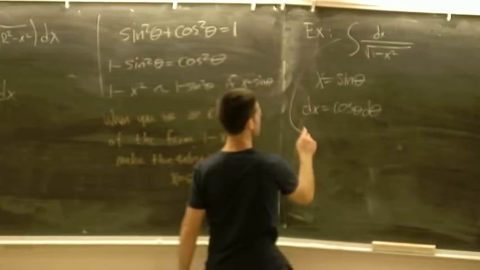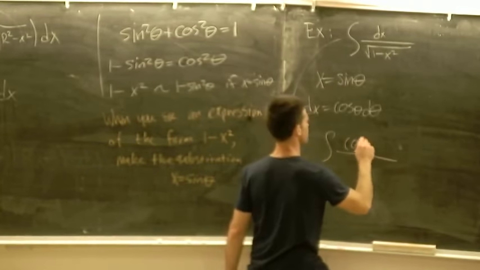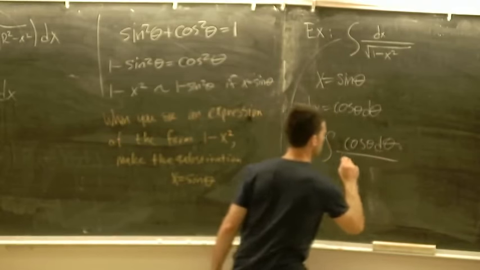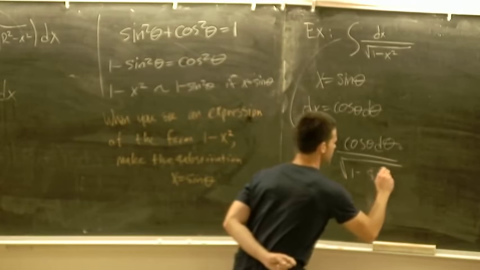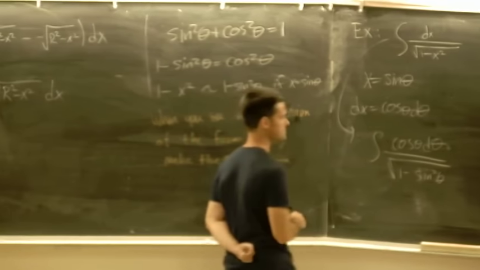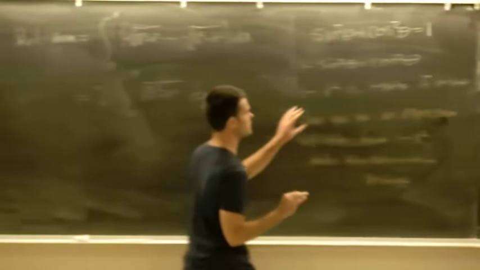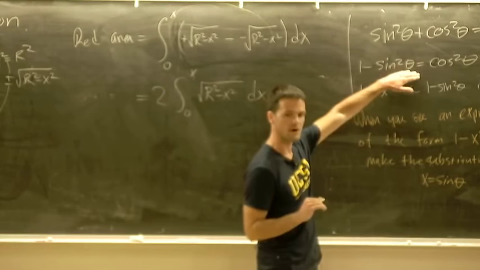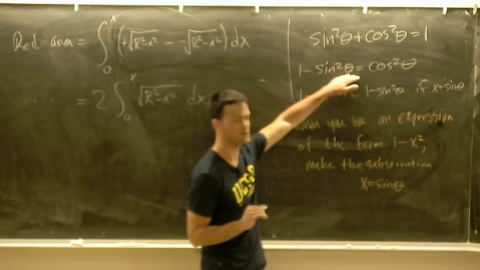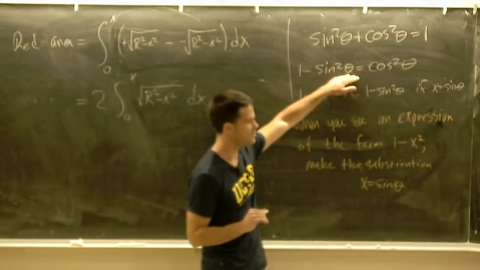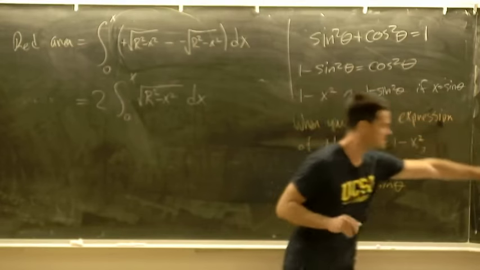And this thing becomes, okay, so on the top we get a cos theta d theta. On the bottom, it's the square root of 1 minus sine squared theta. Now do you see why I said that this whole method relies critically on this identity? What's the whole point? What can I now do? I can simplify this. So this is the whole thing with trig substitution.